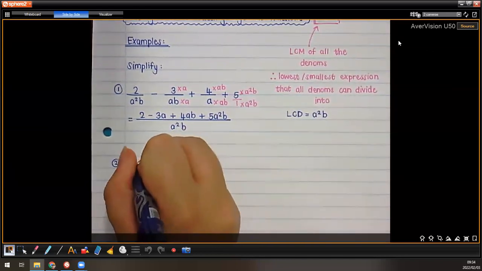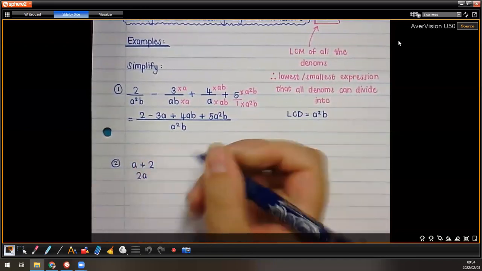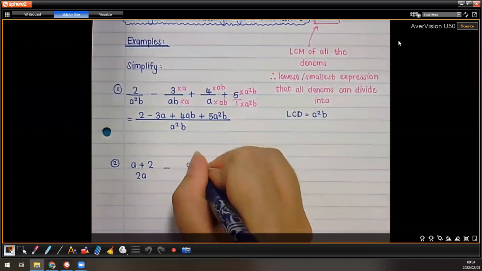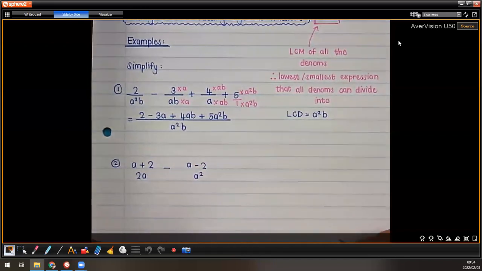Okay, this is a nice one. A plus 2 over 2a minus a minus 2 over a squared.